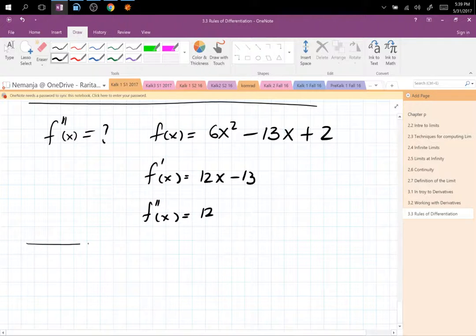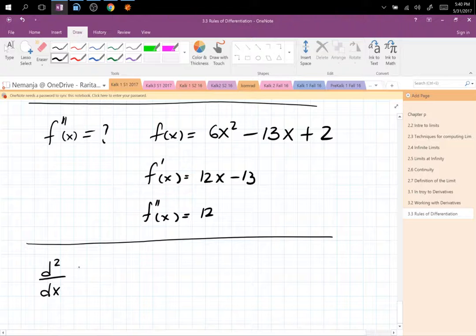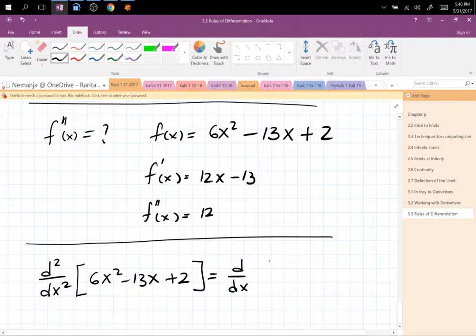Now, if you want to see the same problem done using Leibniz notation, which is the inline writing, rather than starting a new line, you can ask what is the second derivative of 6x squared minus 13x plus 2. Now, second derivative has these squares because that's two of these multiplying each other. So you will first apply one and then you will apply the second.